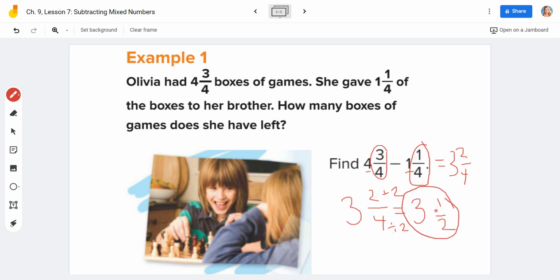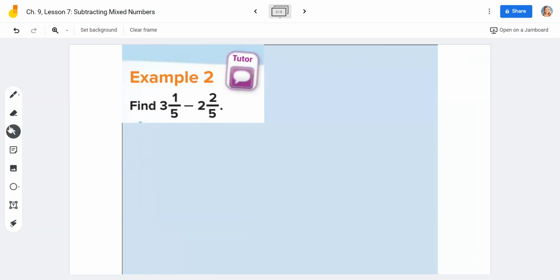So I get 3 1/2 as my final answer. So just remember, anytime we're subtracting, whether it's whole numbers, fractions, or mixed numbers, we have to have our largest number first. So let's take a look at another example.